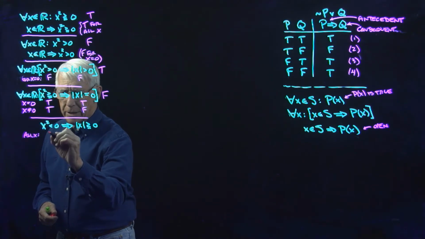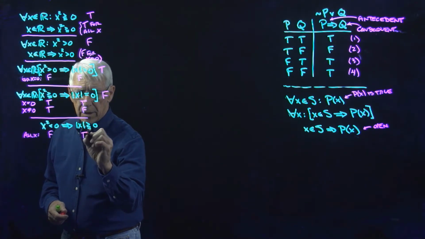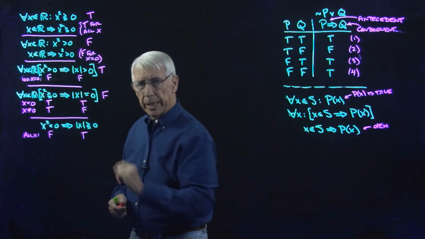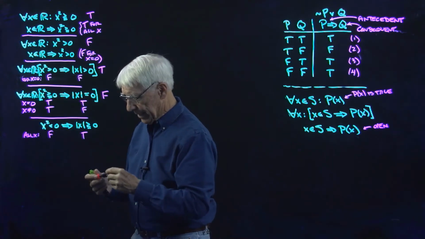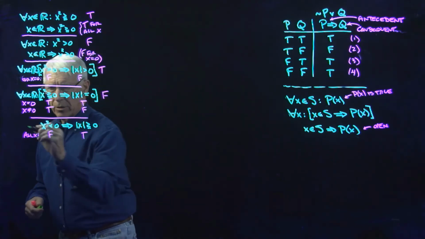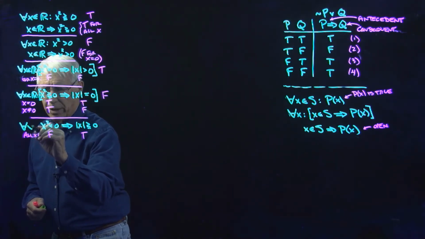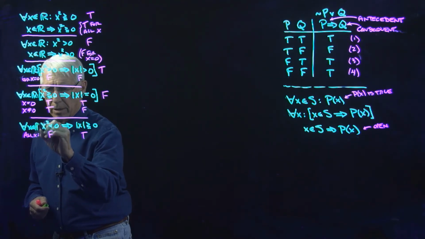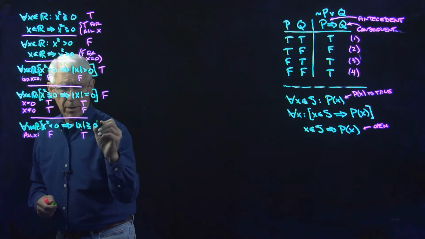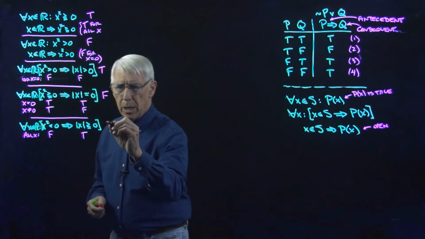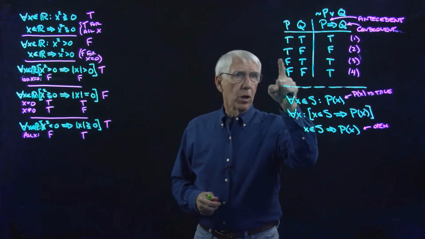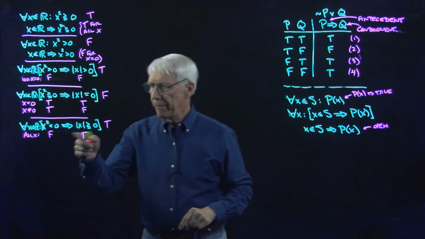For all x, this is false, and this is true. So this implication is true for every x. So let's put the universal quantifier in here. That is true from line 3 here for every single x.